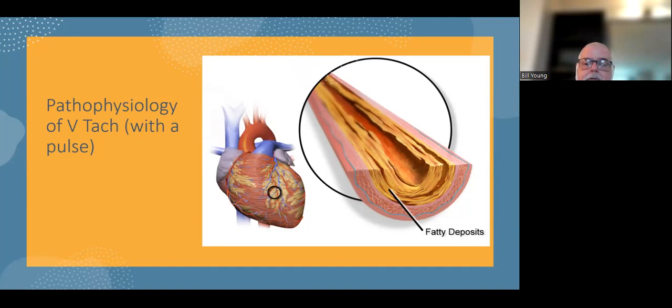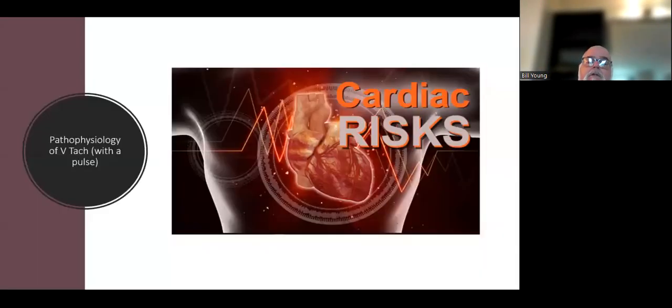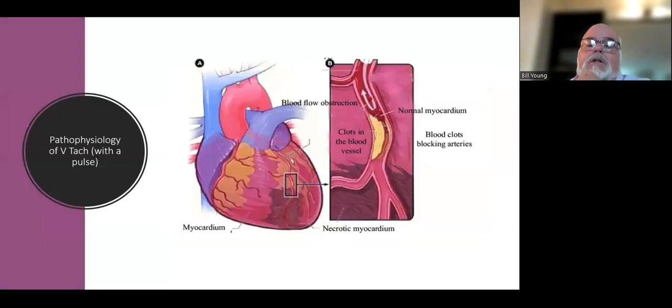People that have low potassium or low calcium, or in particular, low magnesium, are at a greater risk. People who use and abuse methamphetamines are at a greater risk for VTAC as well. Again, these are all some of the risk factors that you're going to see with these particular patients.